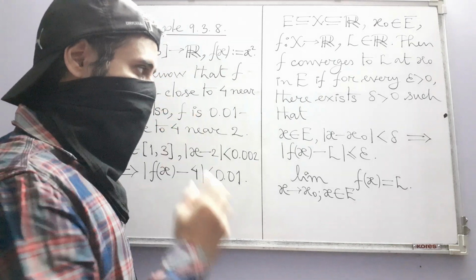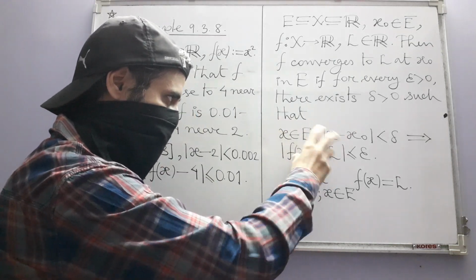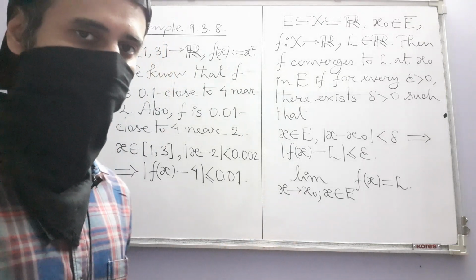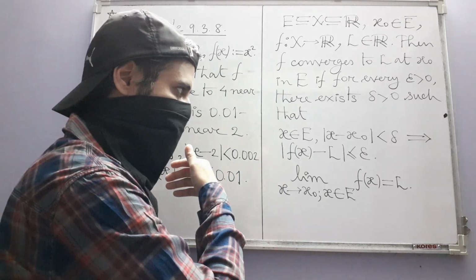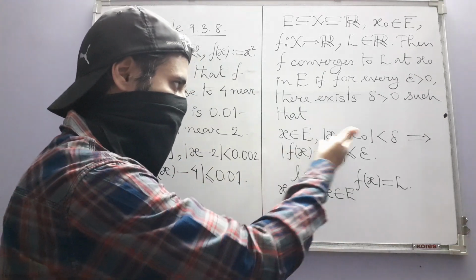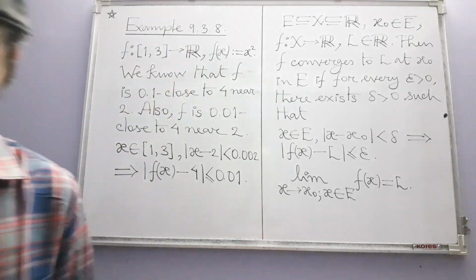Now you can imagine one thing. I can write this condition slightly differently. And by differently, I don't mean I'm going to write something new, but I will just use intervals here instead of inequalities.